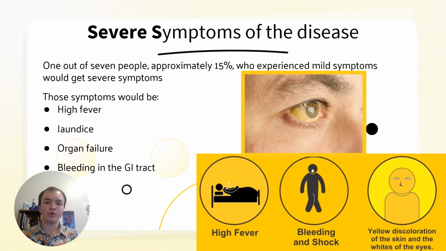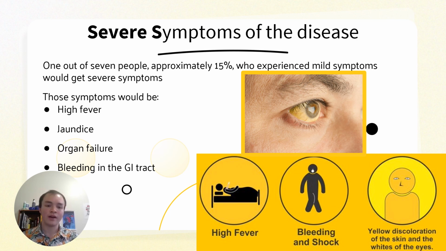For 1 out of 7 people who have the mild symptoms, there will be a brief remission period where they will feel better, but then they will suddenly feel the more severe symptoms of the disease, such as a high fever, jaundice, which is the yellowing of the skin and the eyes due to the buildup of bilirubin in the bloodstream, organ failure, specifically the liver, as it is failing to break down the blood, which results in bilirubin within the bloodstream, which results in the jaundice, as well as bleeding in the gastrointestinal tract.